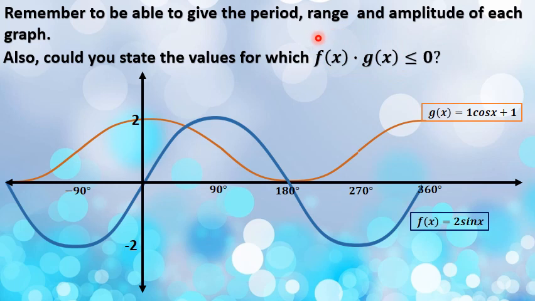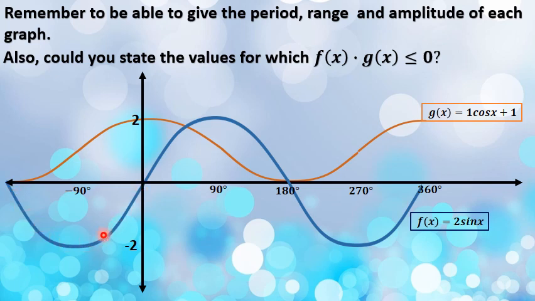So that means the product of two y values has to give you a negative number. Now, you don't even have to worry about the y values at all, actually. All you need to focus on is where will f and g lie on opposite sides of the x-axis. Because don't you agree that when the one is above the x-axis while the other one is below the x-axis, we're dealing with positive y values for the one graph multiplied with negative y values for the other graph.